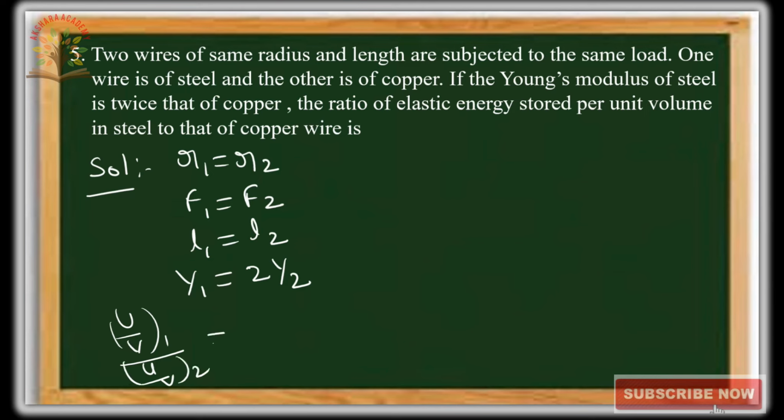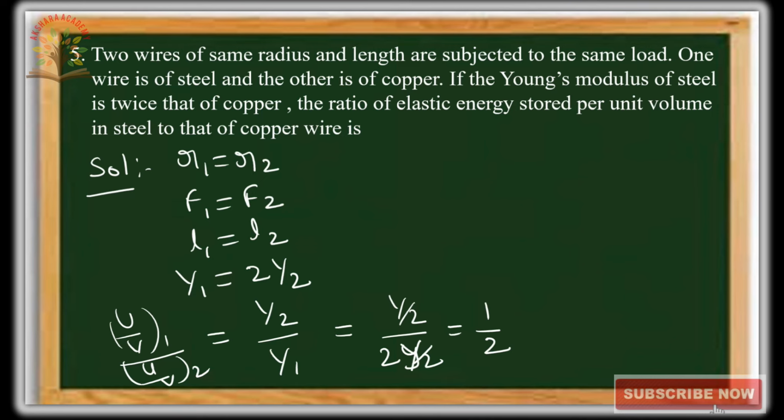2, that is equal to, directly I am writing the formula Y2 by Y1, that is equal to, here Y2 they given, same, Y1 is equal to 2Y2, Y2 gets cancelled, that is 1 by 2.